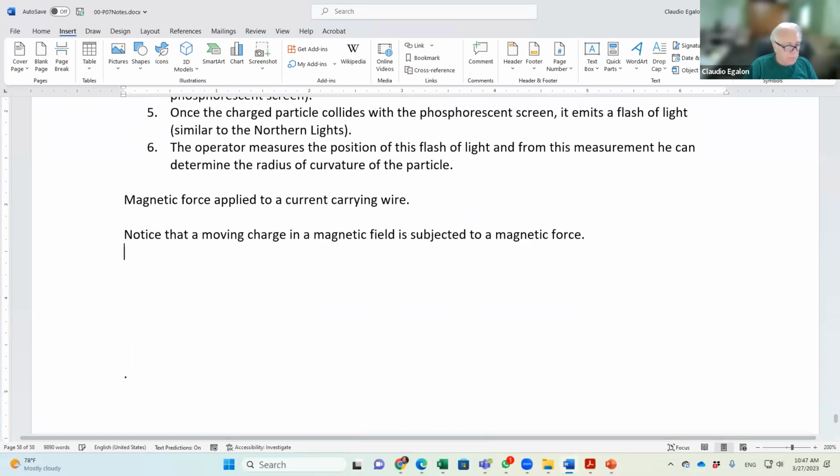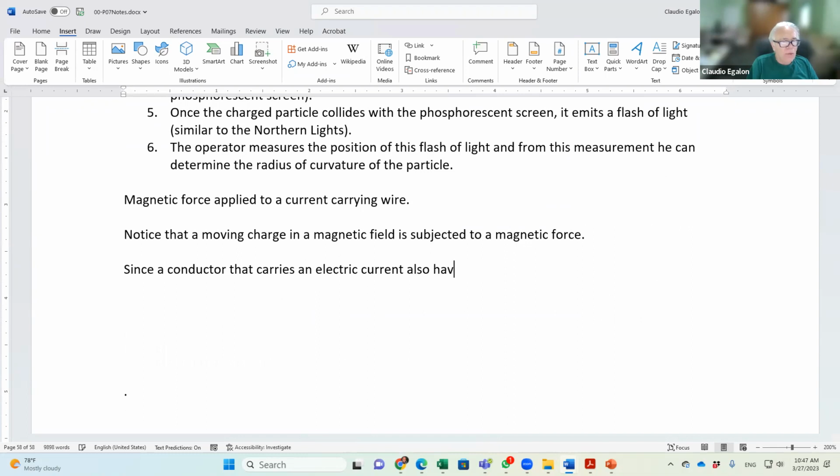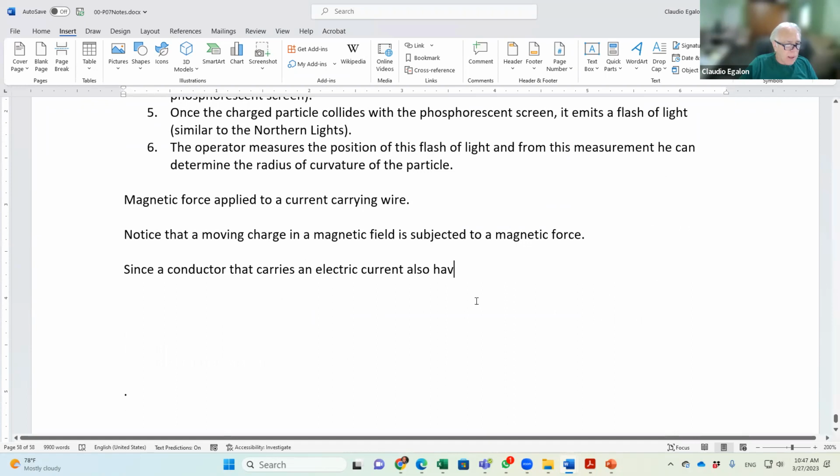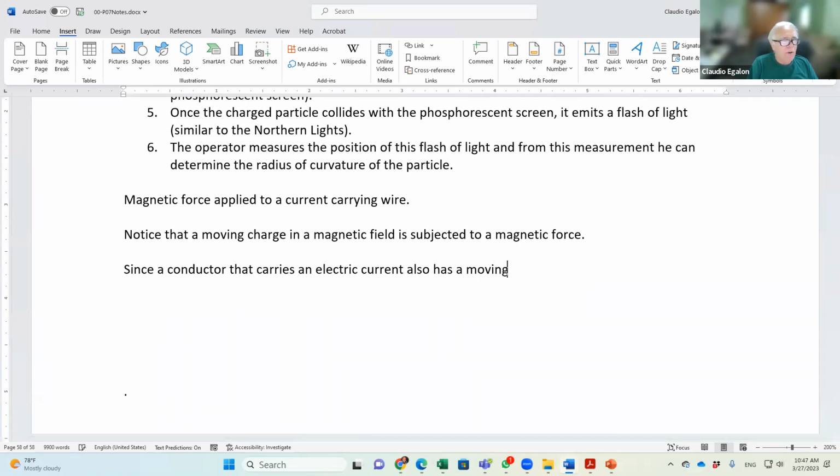Since a conductor that carries an electric current also has moving charge inside it, then it must also be subjected to a magnetic force, right? Can you picture that?